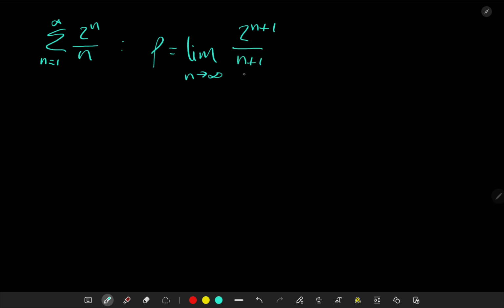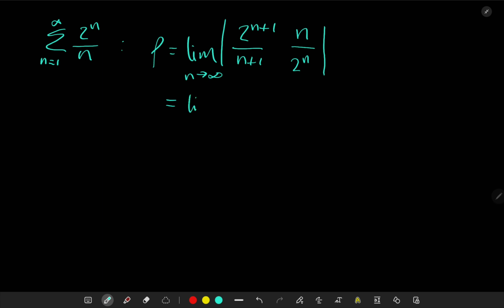Some people, instead of dividing by 2 to the n over n, multiply right away by the reciprocal of the nth term, which is much more space efficient. That makes your limit easier to write because you don't have a fraction over a fraction, which is kind of annoying.